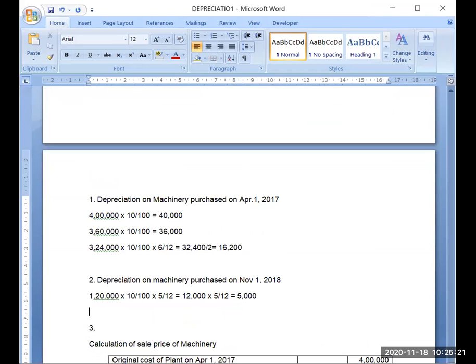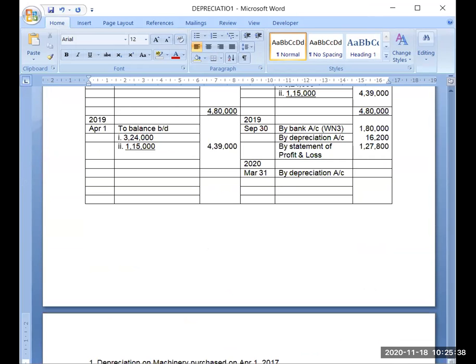The written down value was 1,15,000 multiplied by 10%. So it will be 11,500. Because the plant has been used for one complete year.